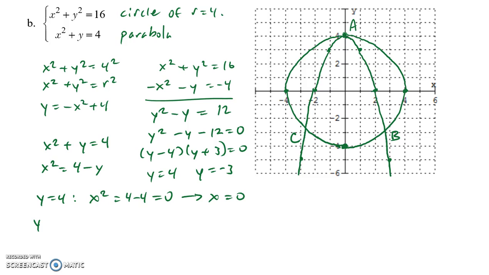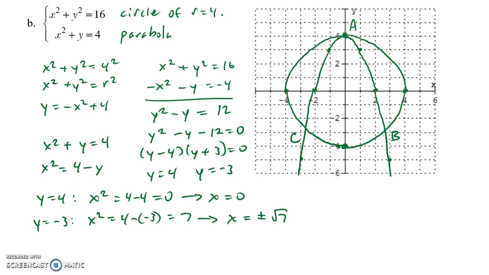What about for y equals negative 3? In that case, x squared would be 4 minus negative 3, which is 7. Taking the square roots of both sides, that would give us plus or minus the square root of 7.